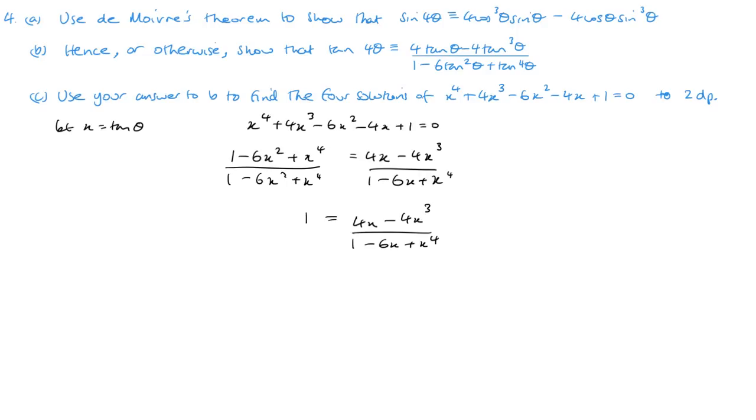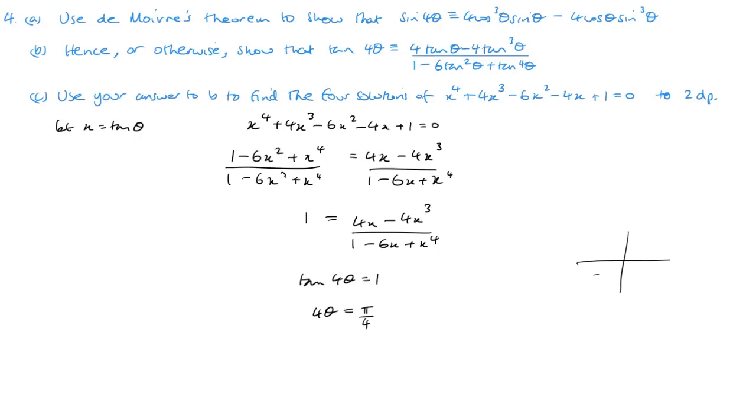So that basically means that when x is tan theta, this equals this. So we've got tan to the 4 theta equals 1. Normally I just let the 4 theta equal x or y or something like that, but let's just do 4 theta is pi by 4, isn't it?